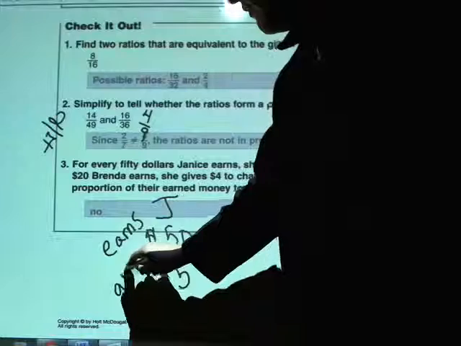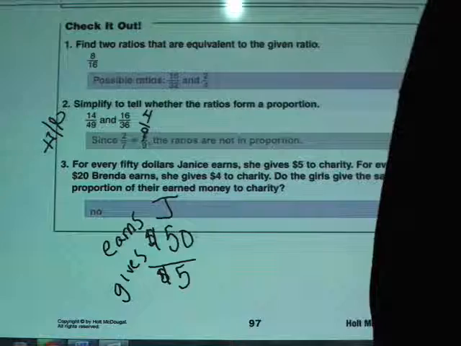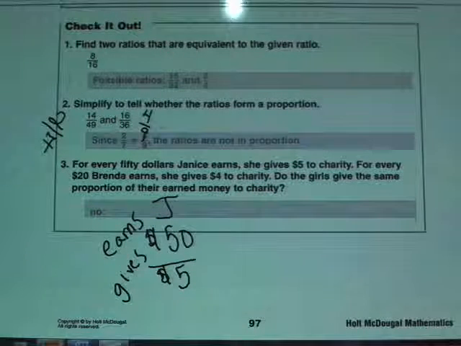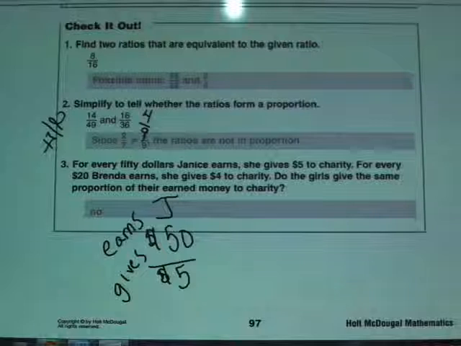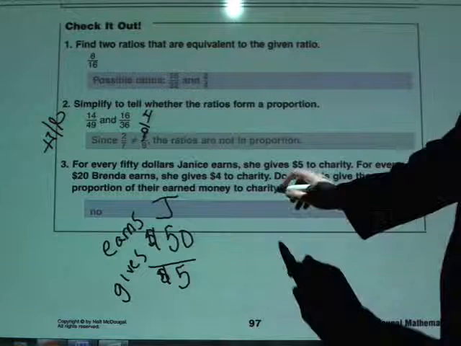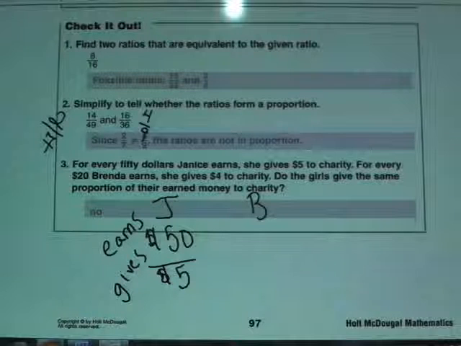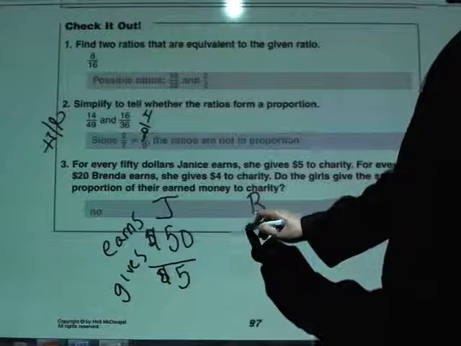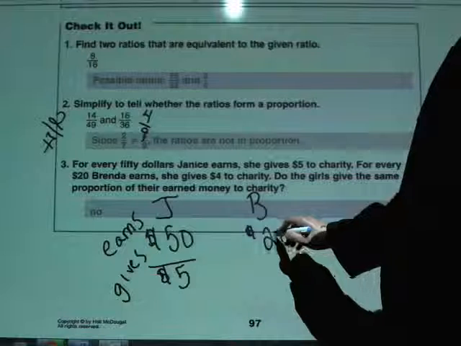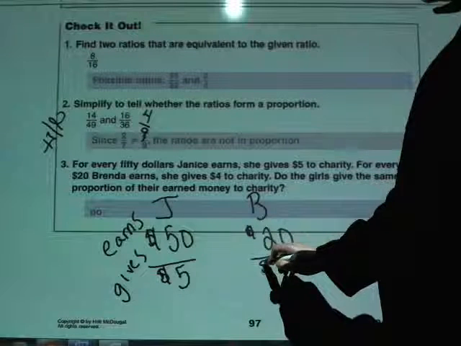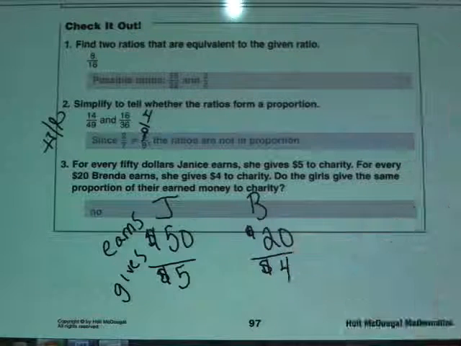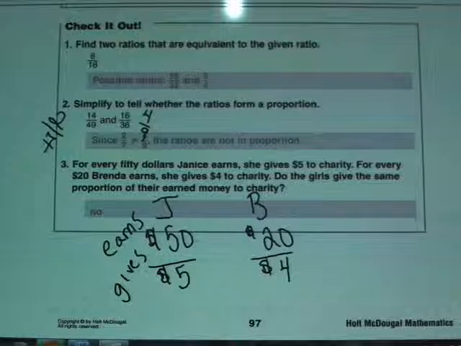So notice the way I've written that fraction, it's earns over gives. So when I write this other fraction for poor Brenda, I'm going to have to write this fraction the exact same way to check this out. It says when Brenda earns $20, earns number on the top, she gives $4 to charity. And they want to know if those two things represent the same thing. Well, again, you can use any of the techniques you want here to solve this.